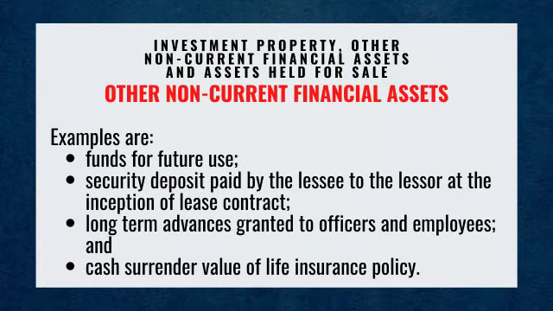Examples are funds for future use, security deposit paid by the lessee to the lessors at the inception of a lease contract, long-term advances granted to officers and employees, and cash surrender value of life insurance policy.